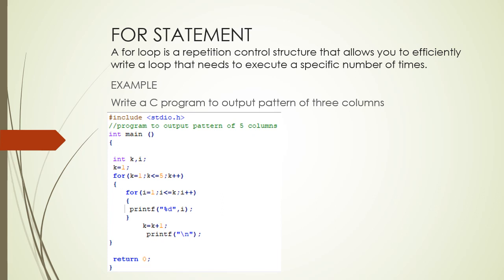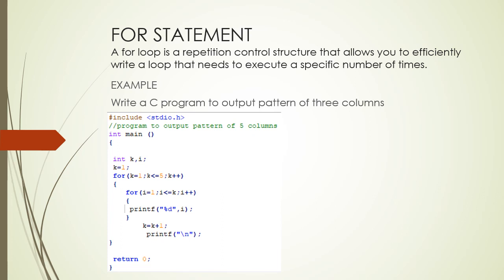So begin from the first row, increment until the rows become 5. For i, which is my column, also beginning from 1, I've given a condition that the column should be less than or equal to k, so they are equal to the rows. So increment also the column.